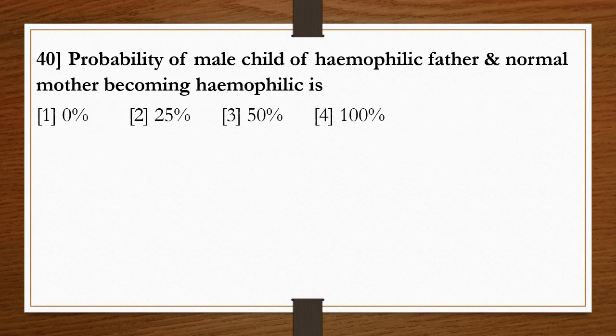Question number 40. The probability of a male child of a hemophilic father and normal mother becoming hemophilic is: options 1, 0%; 2, 25%; 3, 50%; 4, 100%. We need to apply Mendel's laws here.